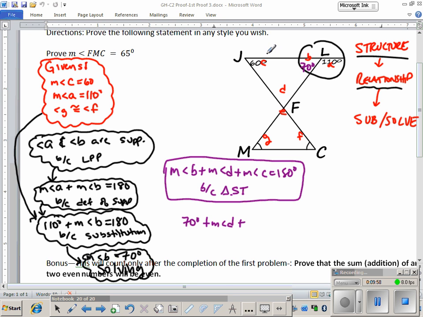That's going to be 60 degrees. That's going to be 180 degrees as a total. So what we did here was substitute. So I'll go ahead and write because of substitution. In fact, I'm just going to abbreviate it.